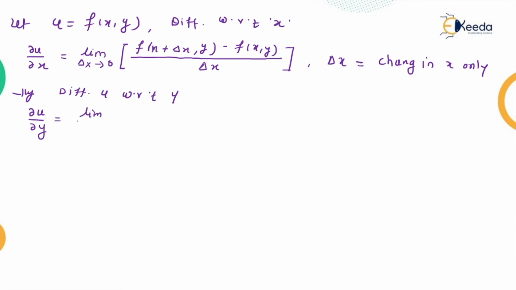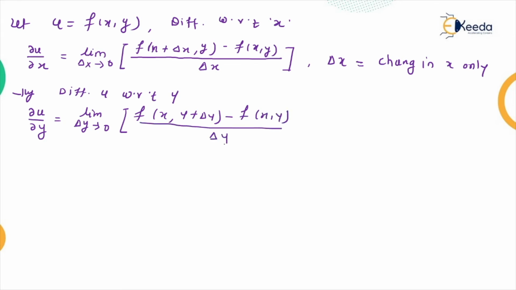Here, x is replaced by y, so the limit as Δy tends to 0 of [f(x, y + Δy) − f(x, y)] divided by Δy, with x as it is, since there is no change in x. Here Δy is equal to the change in y only.